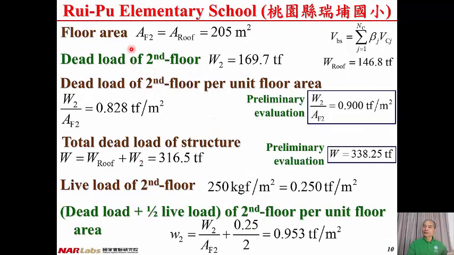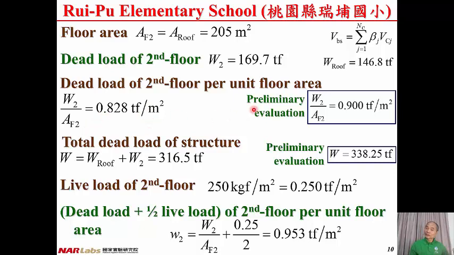And the floor, similarly, the floor area of the second floor equal to 205 square meter. By a similar procedure, we can have the dead load of the second floor, W2, equal to 169.7 ton force. And the unit dead load of the second floor equal to W2 divided by AF2 equal to 0.828 ton force per meter square.